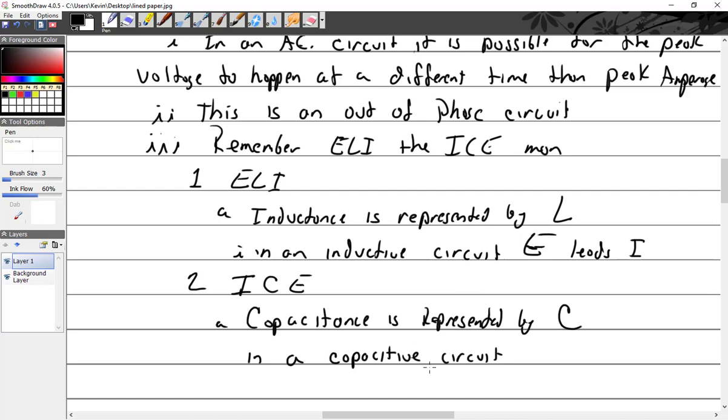So you can have a lot of inductive reactance, you can have a lot of capacitive reactance, and if they're equal, then what? It's in phase. But if the capacitance gets a little too heavy, we have more capacitive reactance, then what's going to happen? It's going to be out of phase, and what leads? Current. The current is going to lead the voltage.